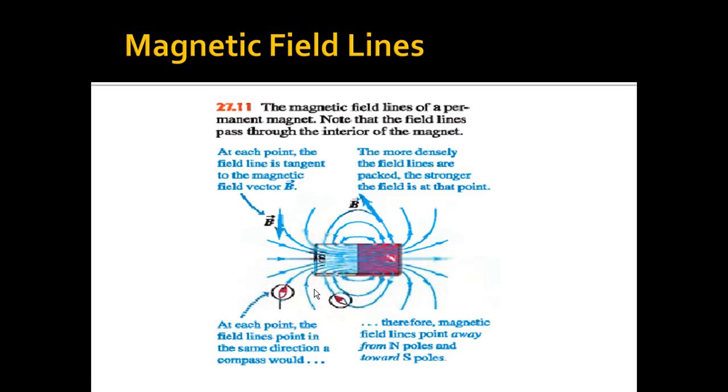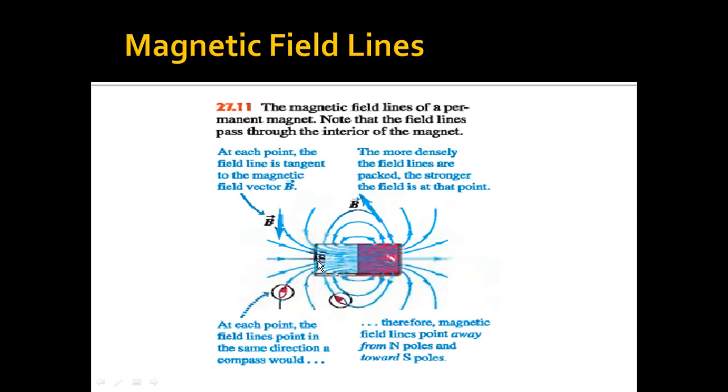Now, in terms of direction, the magnetic field lines are conventionally drawn pointing outwards from the North Pole and pointing inwards to the South Pole.